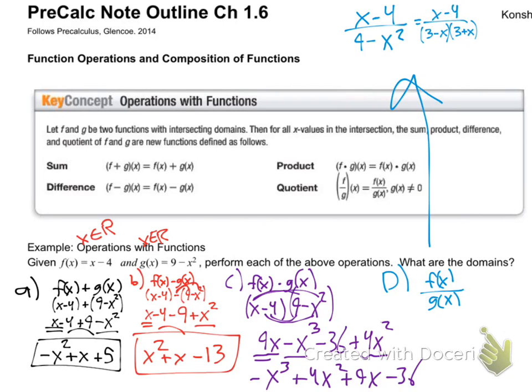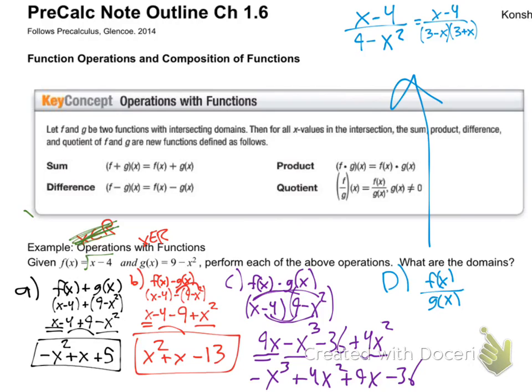So let me change it now. If I use this green color, what if that x minus 4 was really the square root of x minus 4? Now we're not talking about all real numbers. What would be the domain of the square root of x minus 4?